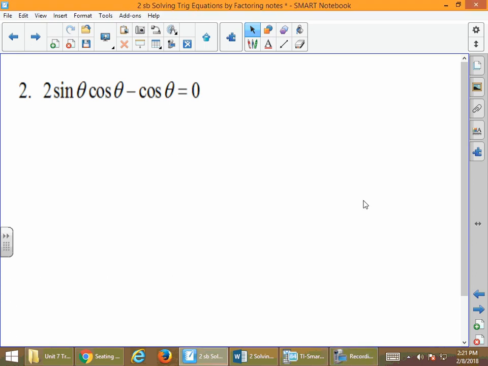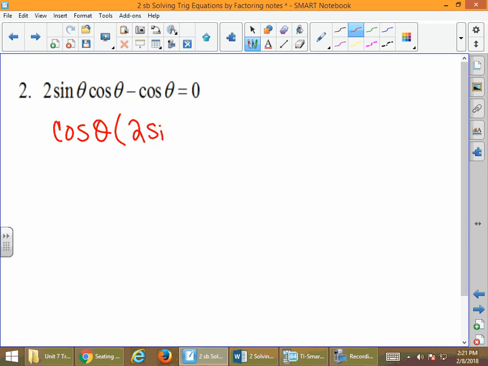Problem number 2. Again, when we're looking at factoring, we always need to ask ourselves, do we have a greatest common factor? Well, just like the previous problem, we have a greatest common factor. It's cosine of theta. And when we factor out a cosine of theta, we're still left with 2 sine theta.